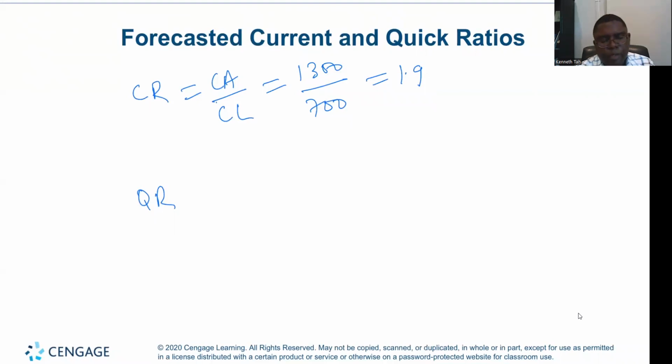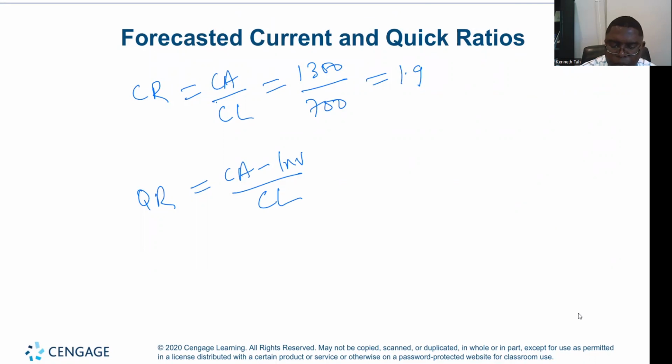And then the quick ratio is basically an improvement of the current ratio. It is current assets, and then we subtract inventory, and we divide by current liabilities. The whole idea of this liquidity ratio is how the company can convert its current assets to meet its current liabilities.